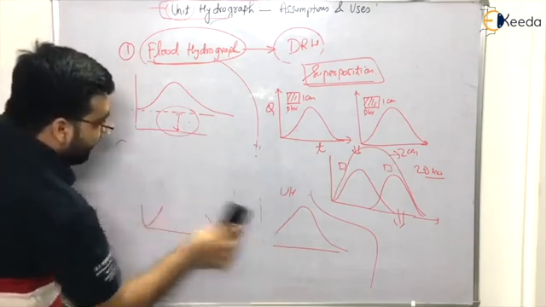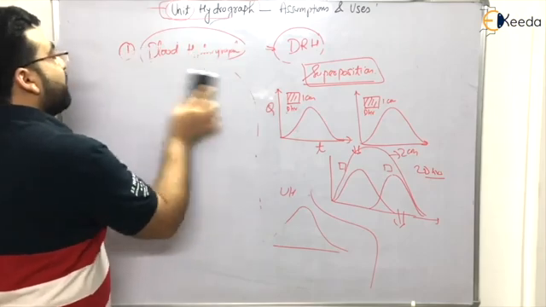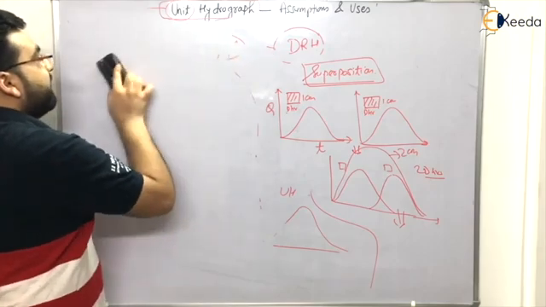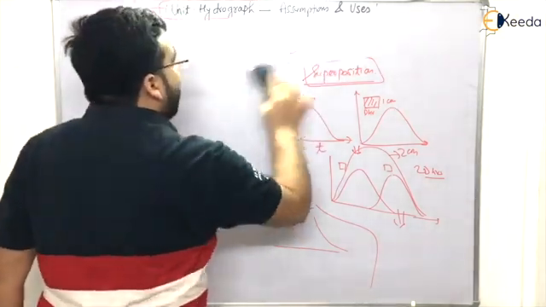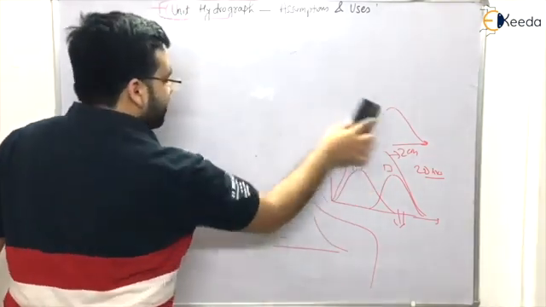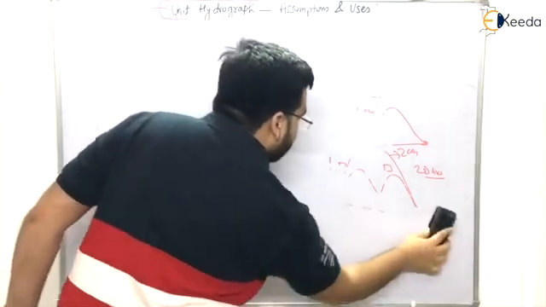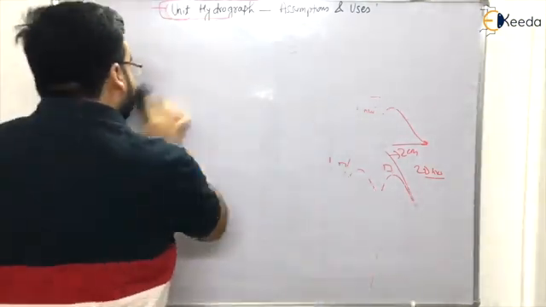Now the third type of numericals and questions that are generally coming is about the calculation of effective rainfall depth, right, or average rainfall, right.